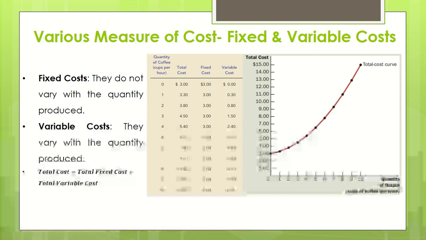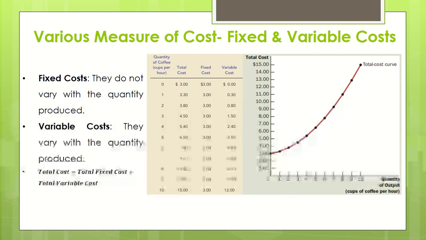So the total cost can be written as total fixed cost plus total variable cost. Whenever the firm is going to calculate total cost, the firm has to sum up both total fixed cost and total variable cost.